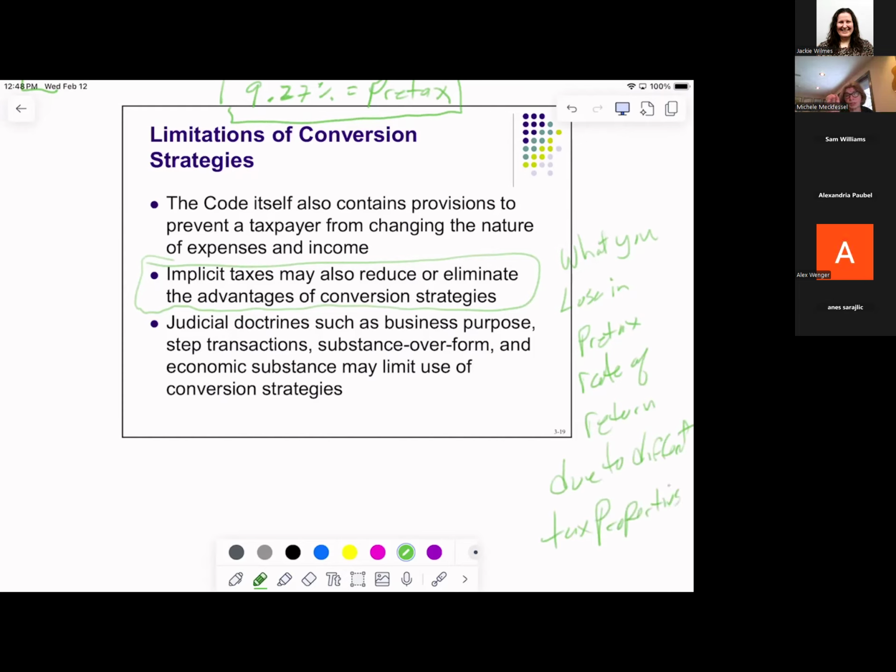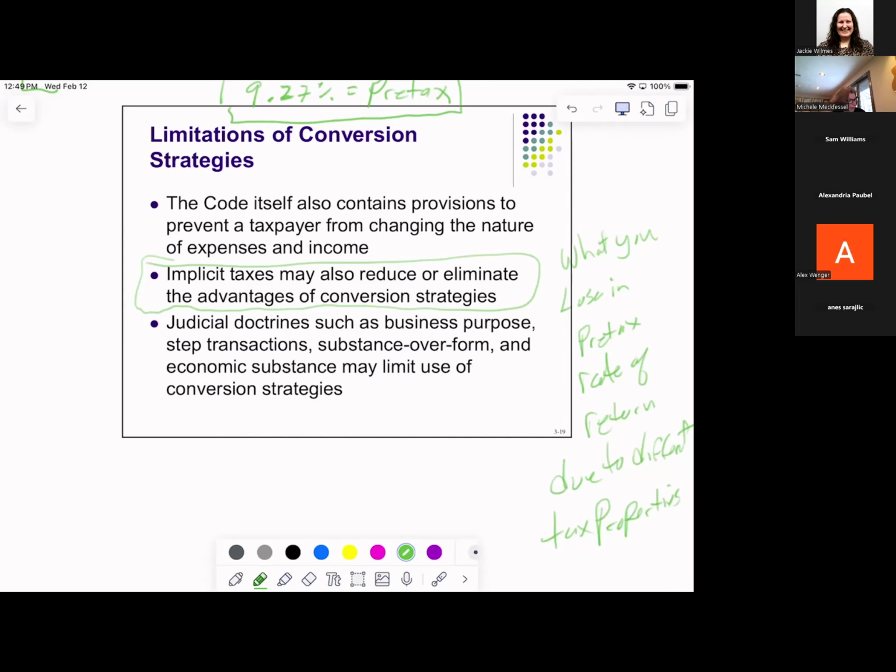So remember, implicit taxes don't have a stated rate. Explicit taxes have a stated rate. Implicit taxes are what you lose in rates of return. And the best example of that is municipal bonds. Municipal bonds tend to pay less from a pre-tax rate of return because it's tax exempt. And so they know that you don't have to pay taxes on that interest, so they don't have to make them as attractive from a rate of return perspective.